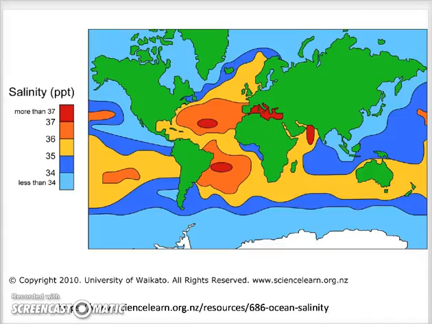The distribution of temperature and salinity in the ocean surface waters is more or less zonal. The saltiest waters are in the subtropics, where there is high evaporation.